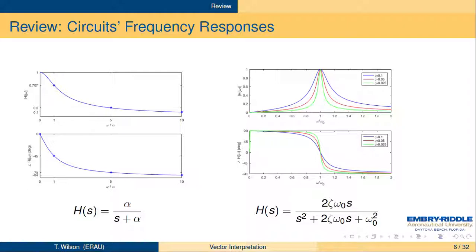In the angle curve, the angle starts out at plus 90 degrees, goes to an angle of 45 degrees at omega 0 minus zeta omega 0, goes through an angle of 0 at the natural or resonant frequency, and goes through minus 45 degrees at omega 0 plus zeta omega 0. Then it tends to minus 90 degrees for high frequencies. We worked that through both in the circuit way and also just by plugging j omega in for s.